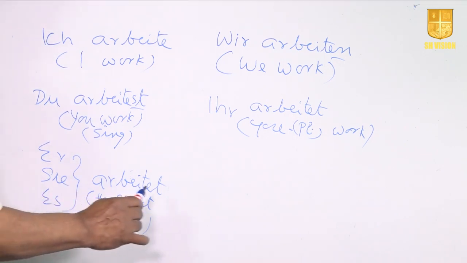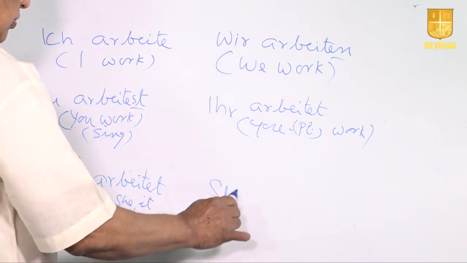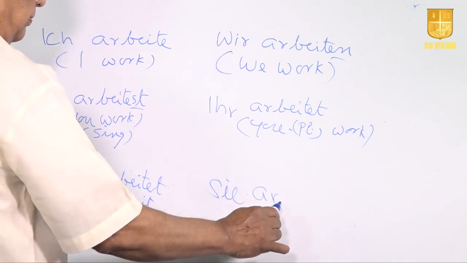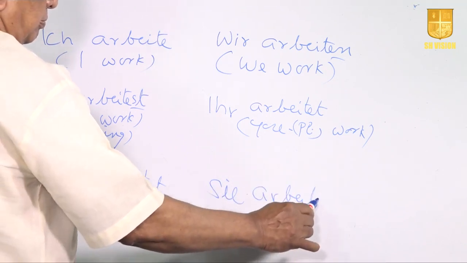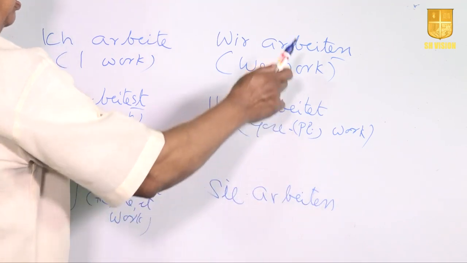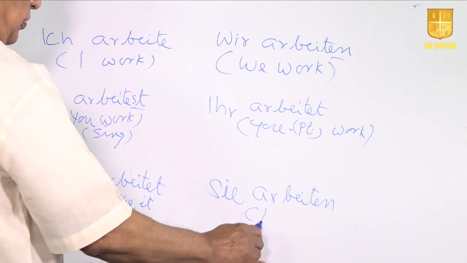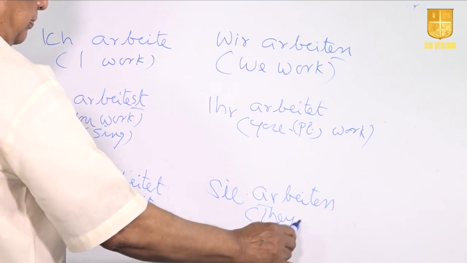What is the plural? Plural is sie, small s. Sie arbeiten. It is like wir arbeiten, the same way. They work.